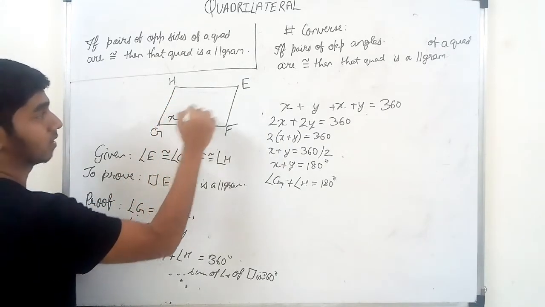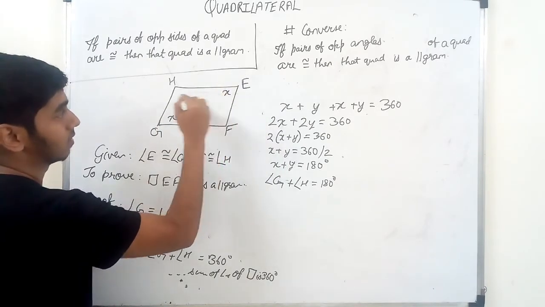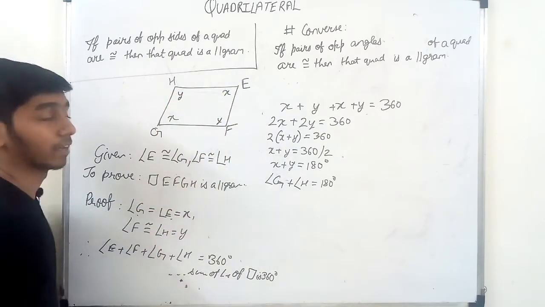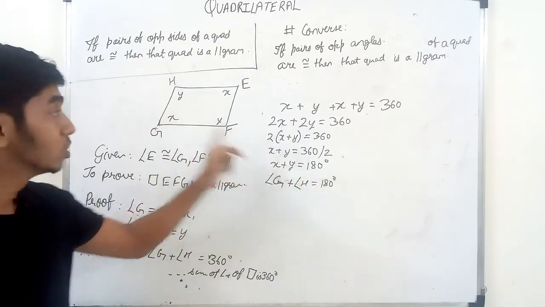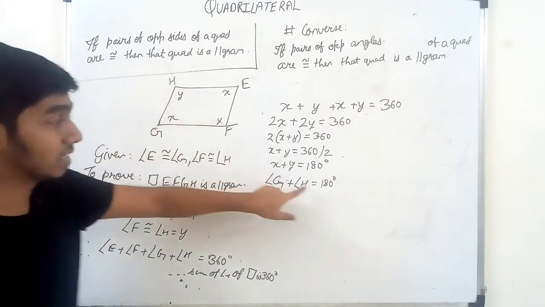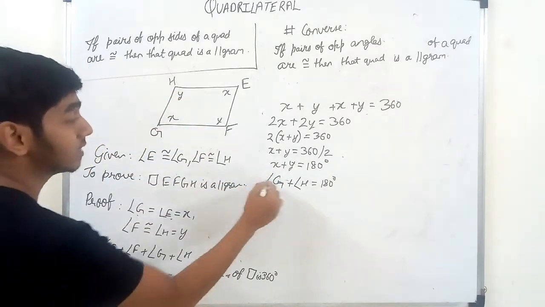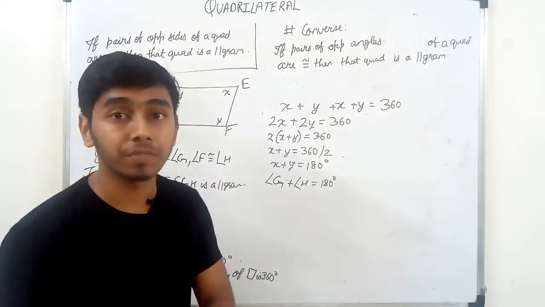See, this is X, this is X, this is Y, and this is also Y. So from this, we get X plus Y equal to 180 degrees. So we'll consider this and this. Yes or no? So if the sum of these two is 180 degrees, can we say this is forming an interior angle? Yes or no?